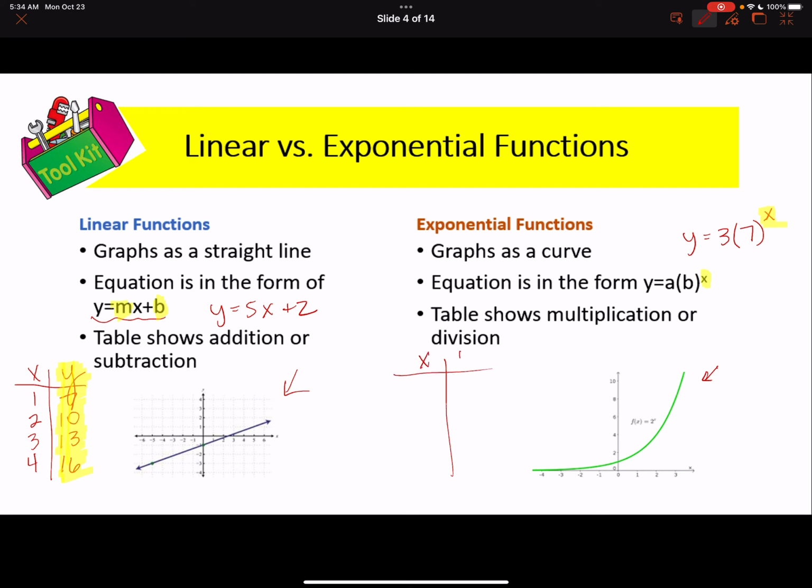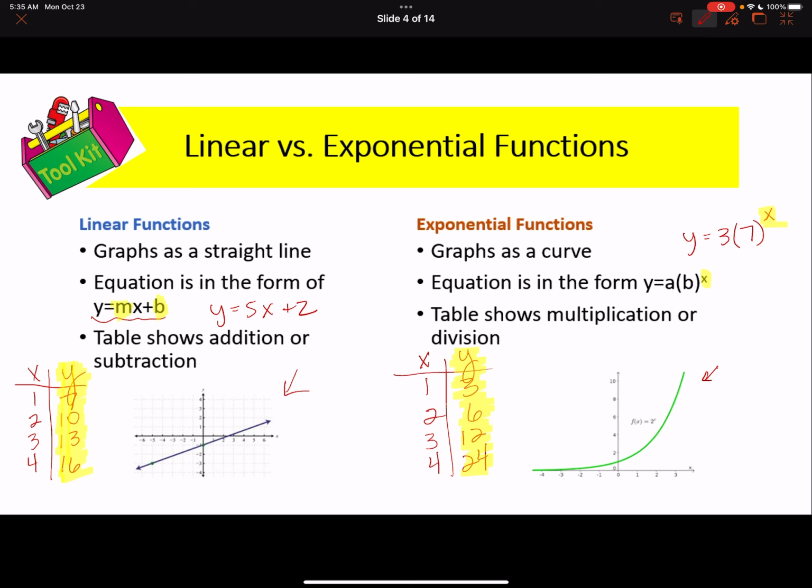As opposed to if my table shows a pattern like multiplication or division. So, for example, I might start with the number 3, 6, 12, 24. So again, I'm looking not at the x's, I'm looking at the y's. See, I have that relationship where I'm multiplying by 2 every time. That tells me that the table, or the relationship, is exponential.